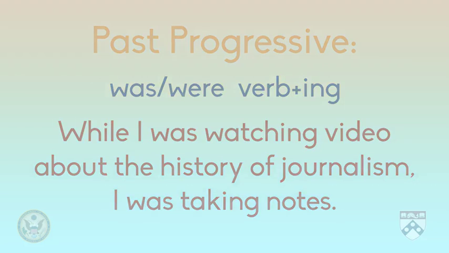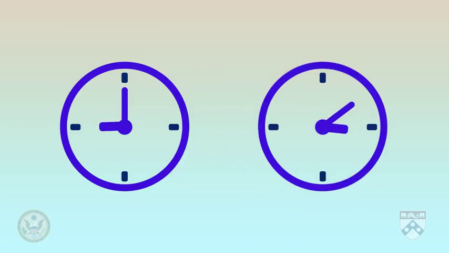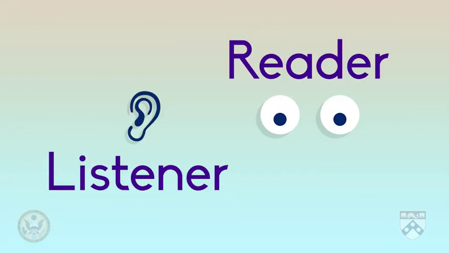This means that there was a duration, a period of time, when you were watching and taking notes. Similar to the simple past, this is an event that began and ended in the past. But with the past progressive, the audience, the listener or reader, knows that it happened for a longer time, not just a moment.